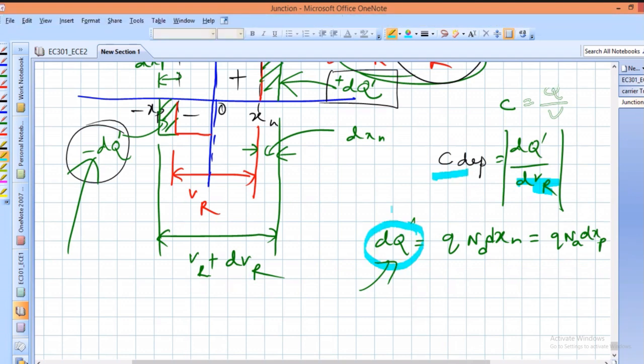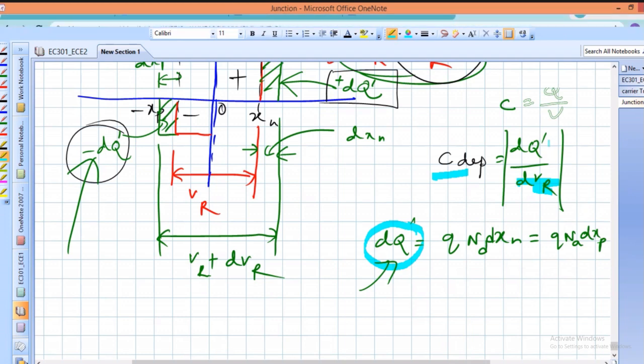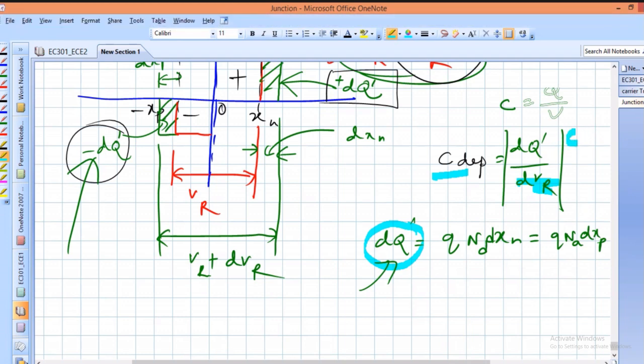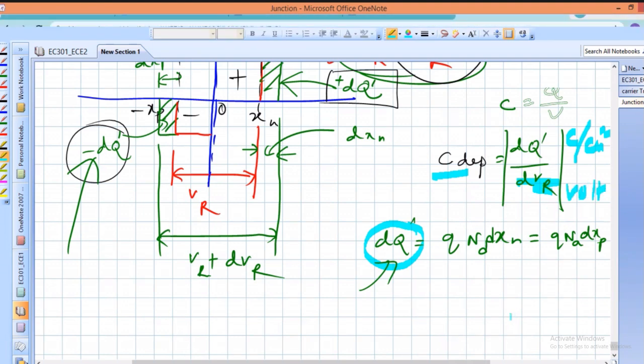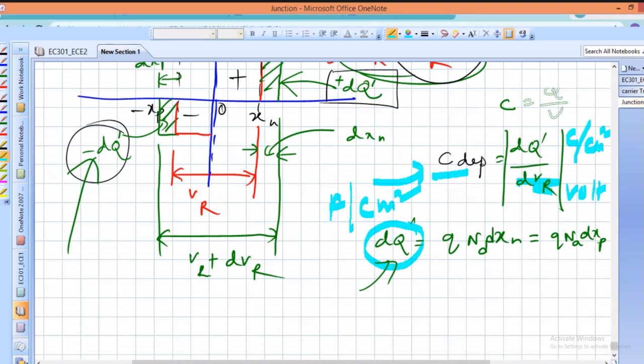So depletion capacitance is the ratio of these two, dq dash by dv. So what will be the unit? What is the unit of dq dash? dq dash is coulomb per centimeter square. And what is the unit of V? Volt. So what will be the unit of C depletion? It will be farad per centimeter square.